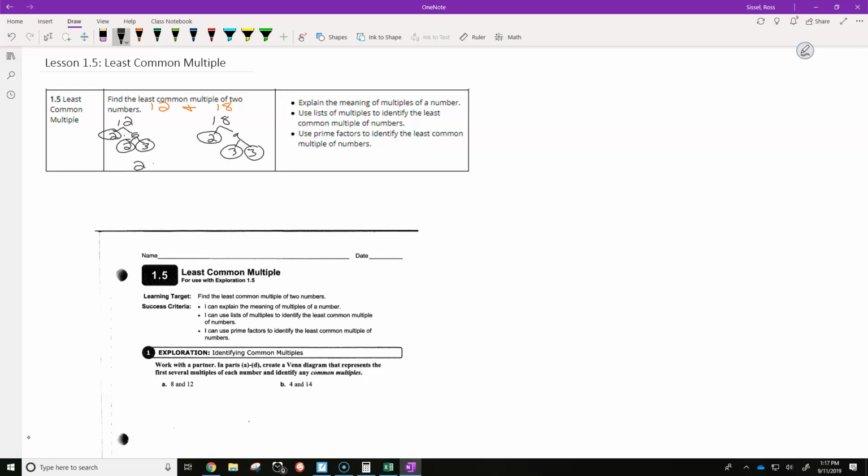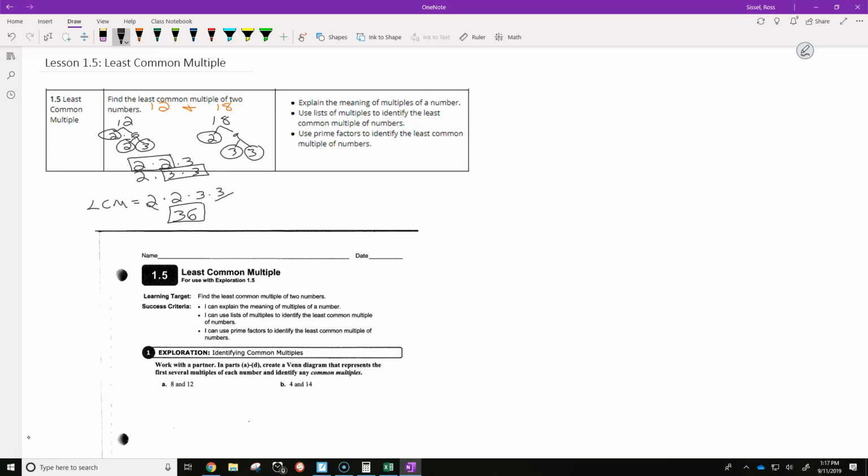Then I'm going to be able to go 2 times 2 times 3, 2 times 3 times 3, my LCM, these 2's, these 3's, and I'll get 9. Let's see, I'll get 4, 9. My least common multiple is going to be 36.